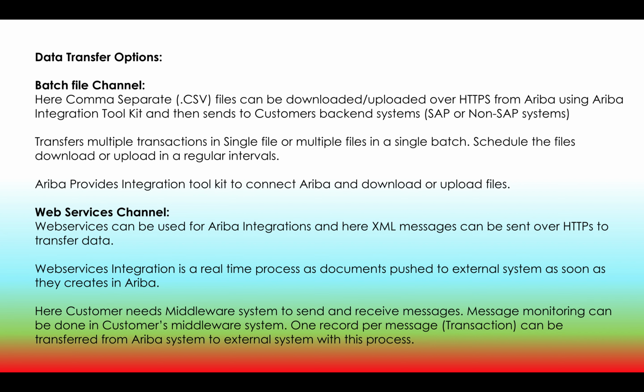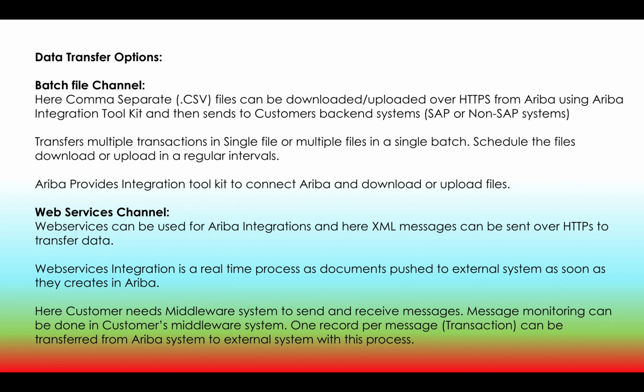Download or upload data from Ariba. So by using Ariba Integration Toolkit, we can download or upload CSV files from Ariba and send the files to the customer backend system. In the same way, we can send customer files from customer backend systems to Ariba by using Ariba Integration Toolkit.